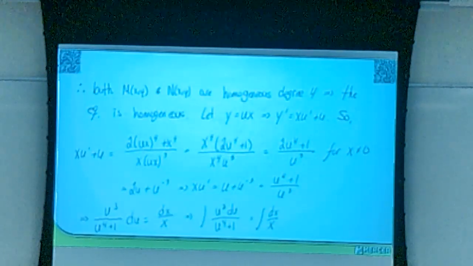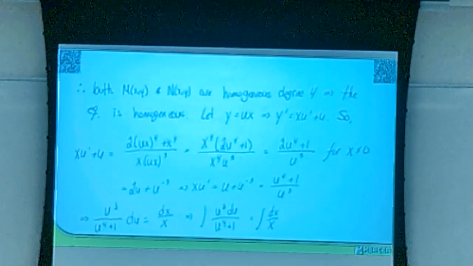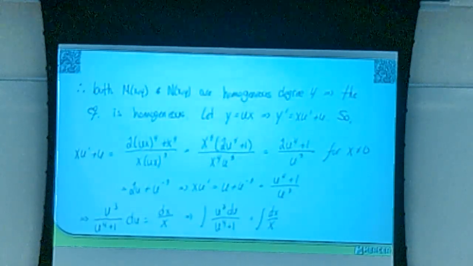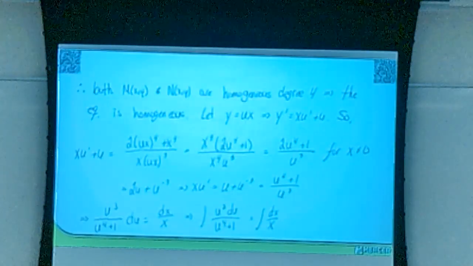Which means those antiderivatives have to be equal, right? Look at the left-hand one. What is that left-hand antiderivative?